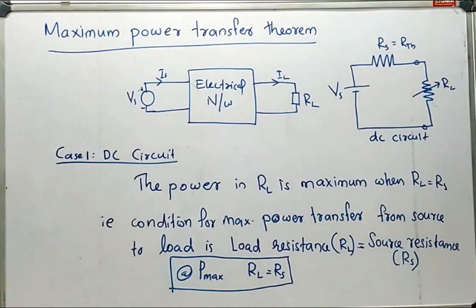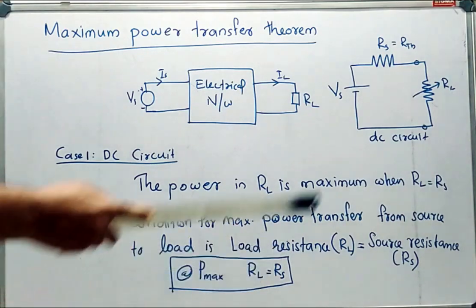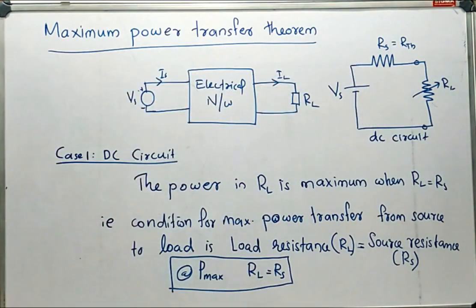In a linear bilateral DC network, power in load resistance is maximum when load resistance is equal to source resistance. Here it is to be noted that source resistance is equal to Thevenin's equivalent resistance. Now let's derive this condition using this circuit.